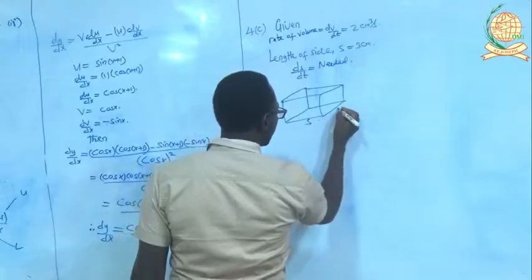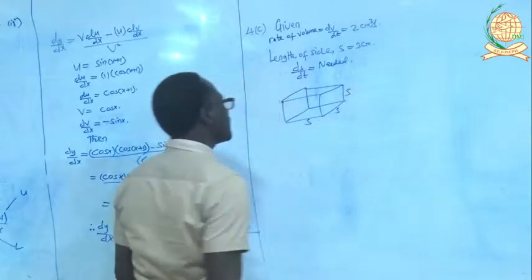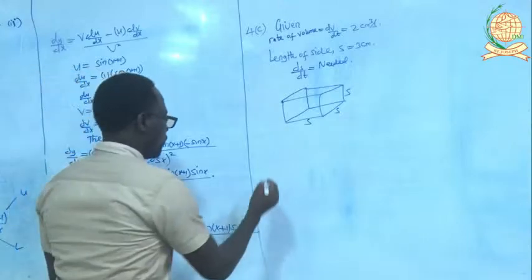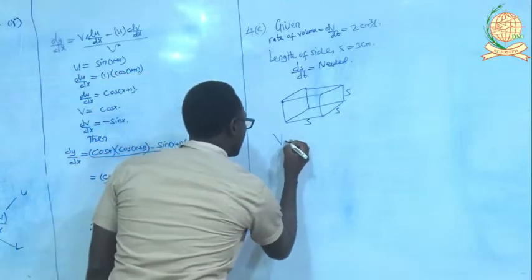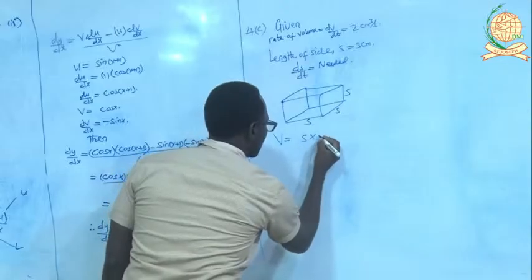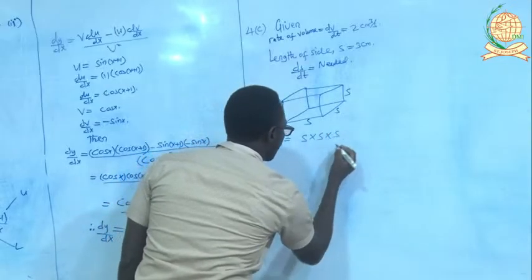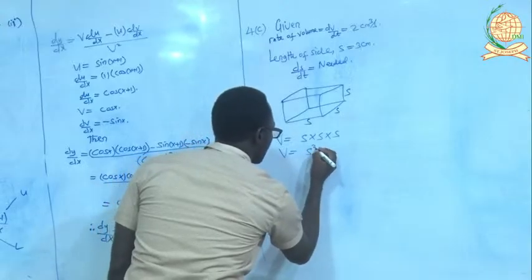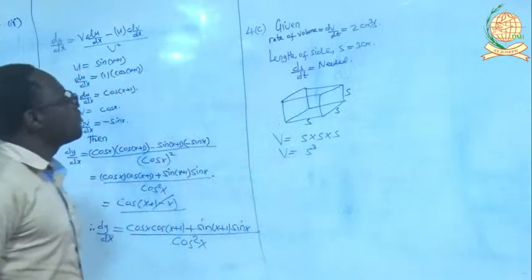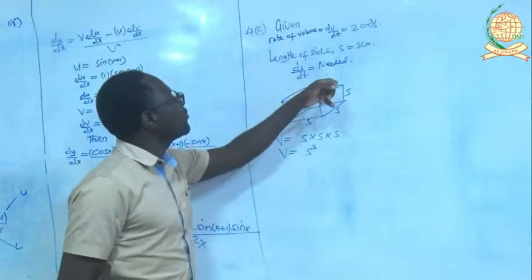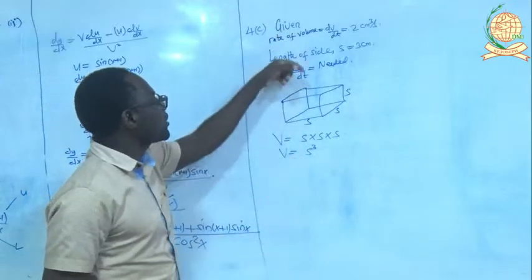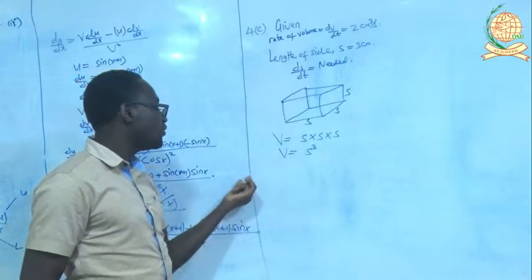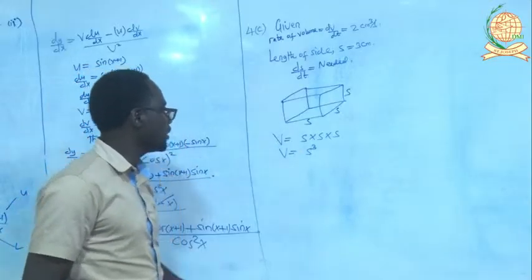This is S, and that is S. Volume is equal to side times side times side. So volume equals side to the power 3. Since the volume is changing with time and the side is changing with time, differentiate left and right with respect to t.